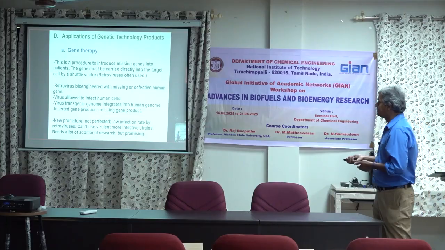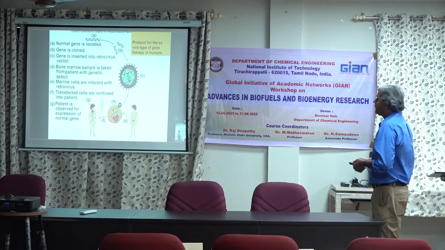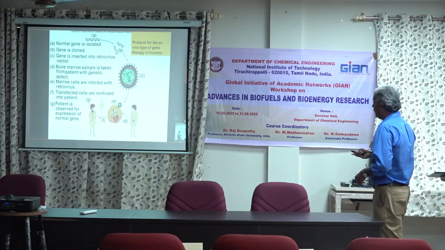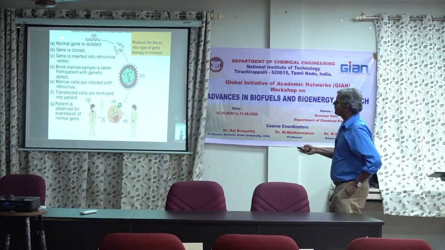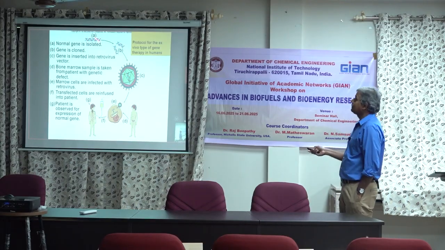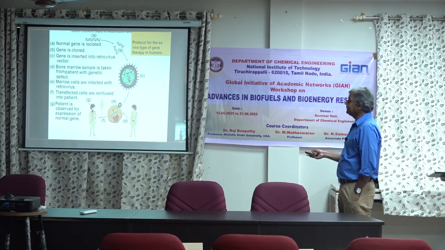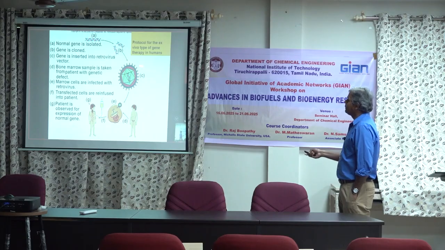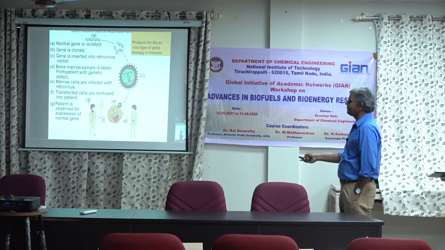Okay. That's how it looks. So you take a normal gene from a normal person, isolate the gene, clone the gene, insert that into a virus, and then you inject this load of viruses into the bone marrow of the patient. And the patient's bone marrow gets infected with the retrovirus.